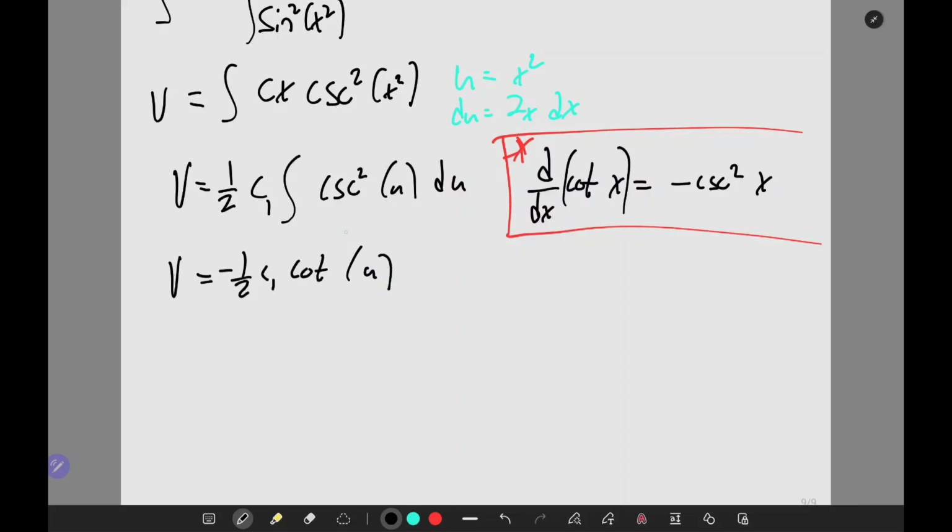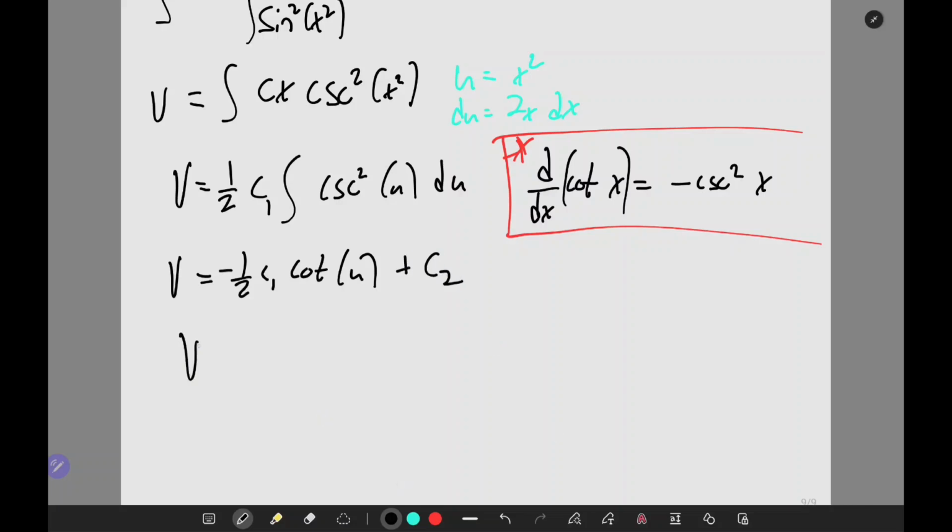Sorry, not cotangent squared, just cotangent. Let me make sure that's right. And then we're going to have another, where am I? Oh, down here. 1/2 c1 integral cosecant squared u is negative c1 cotangent. Yep, we're good. Plus the second c, right?